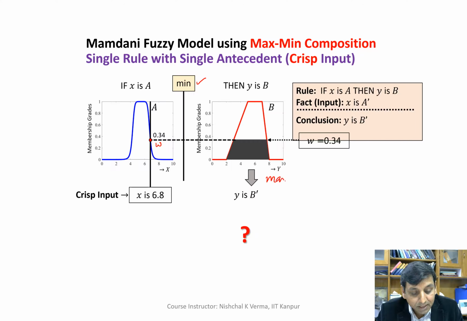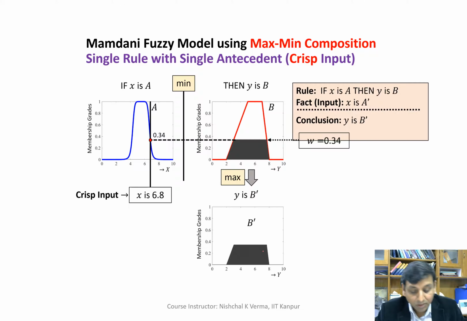Max would have been applicable when we would have multiple rules, and the outputs of all these rules would have been aggregated, taken as the union of all. Here the max is going to give the same value. So this is B dash, and this B dash will remain the same even if we take max.